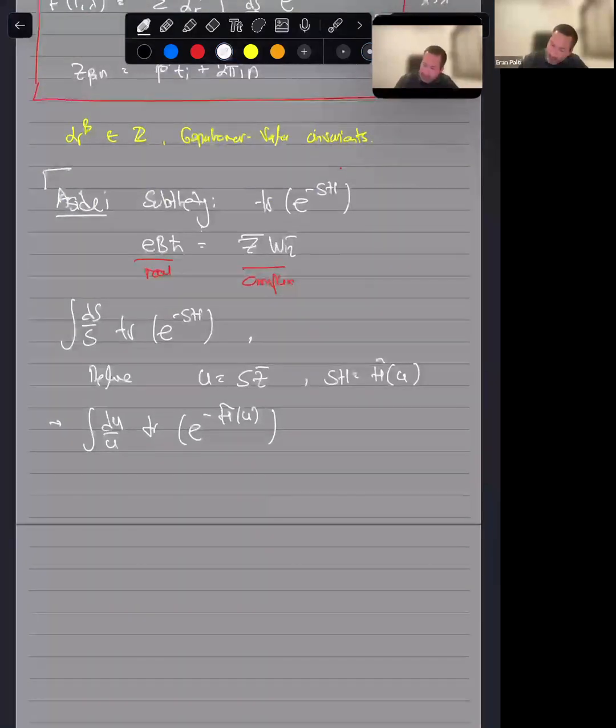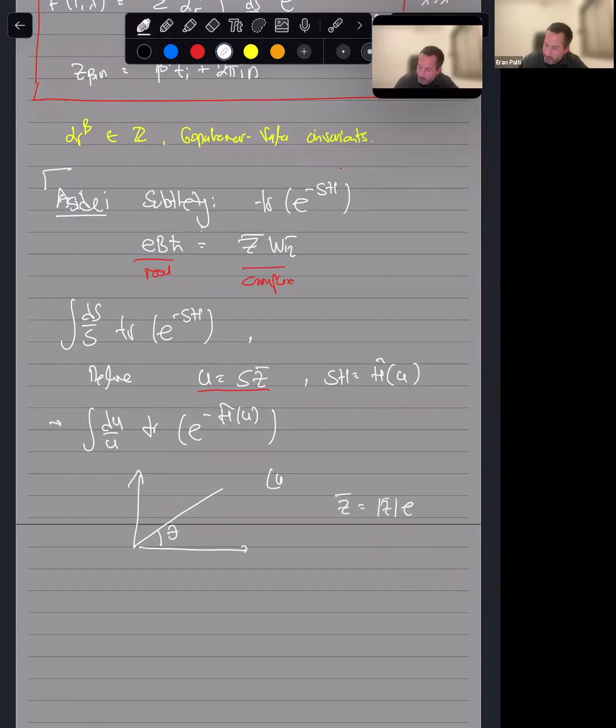The integral in the U plane is now over a straight line, because remember S was the real parameter and we just multiply it by a constant complex number. So this is essentially over some straight line in the U plane, where this angle here is the angle of Z bar.